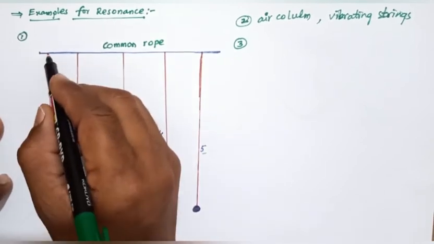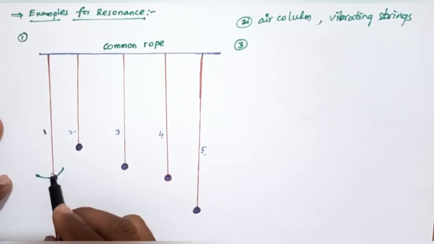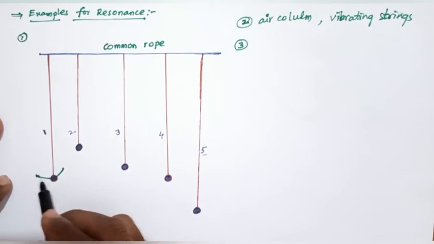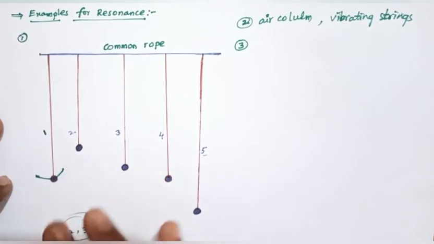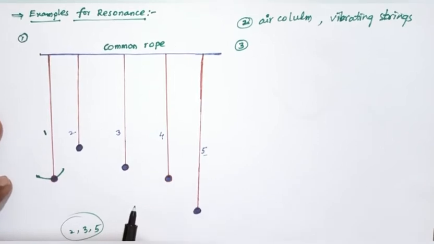First we displace the first pendulum from the equilibrium position, to the left or right, and release it. What happened? It undergoes some free oscillations.